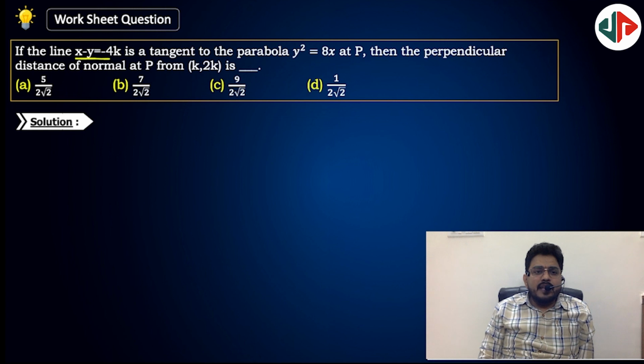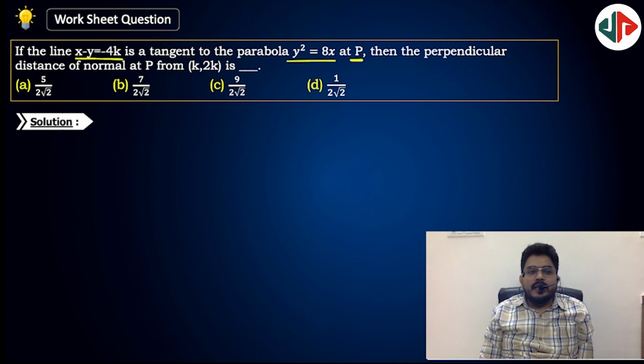If the line x minus y is equal to minus 4k is a tangent to this one at P, then find the perpendicular distance of the normal at P from the point (k, 2k). Now this is the normal to this one.